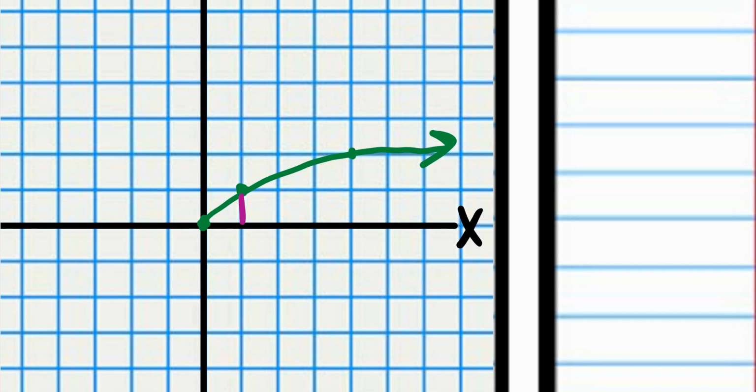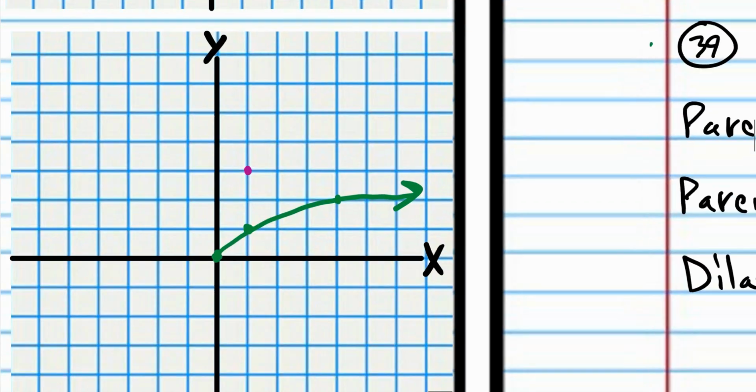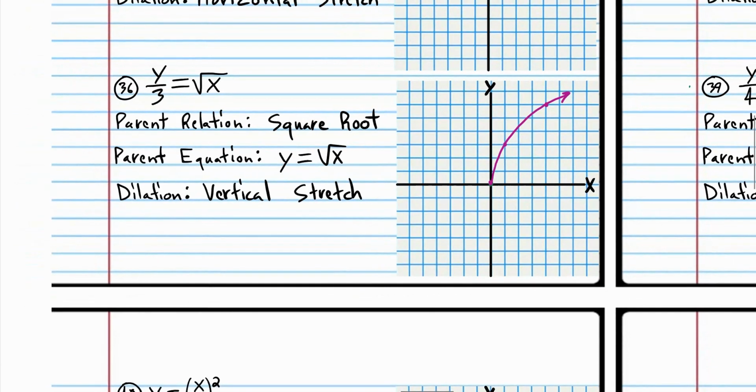So the y value here is 1, so we're going to multiply by 3, and we get that y value there. The y value here is 2. If you multiply 2 by 3, then you get 6. 1, 2, 3, 4, 5, 6. And 0 doesn't change, so we can just connect the dots at that point. I mean, the point 0, 0 doesn't change, so there you go.